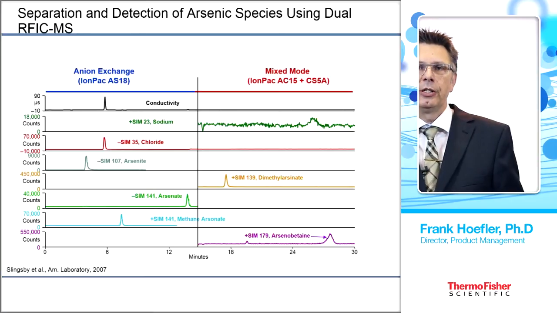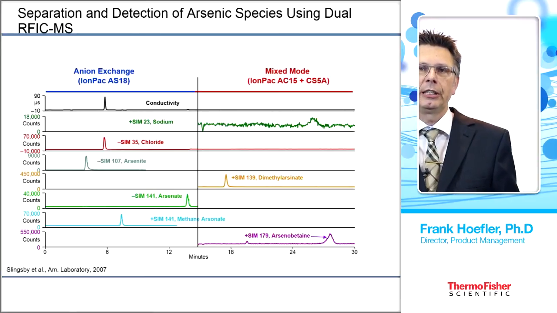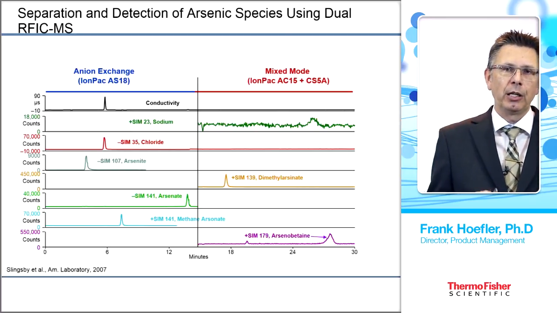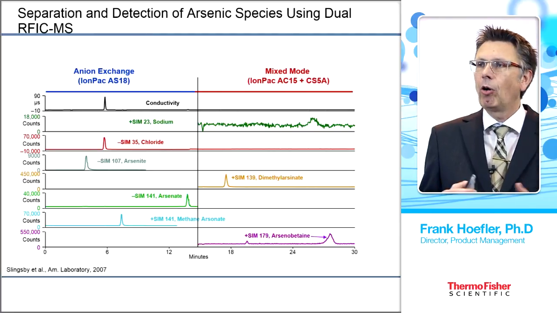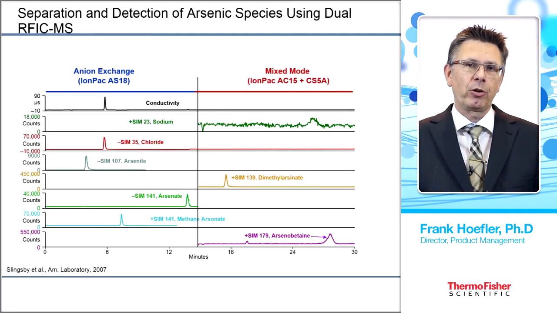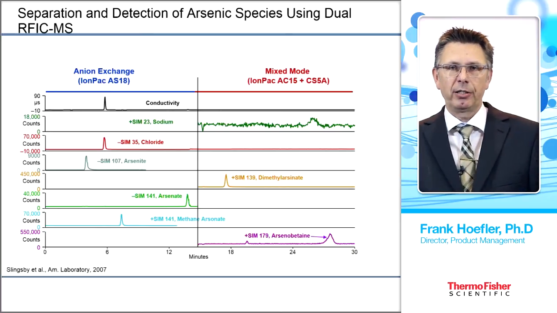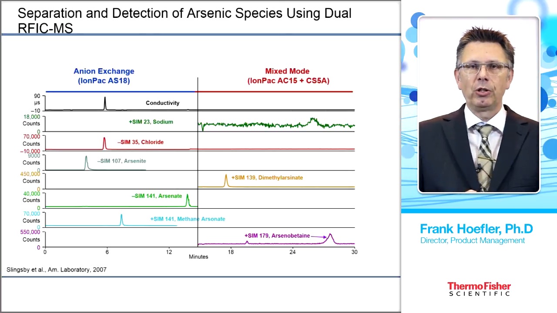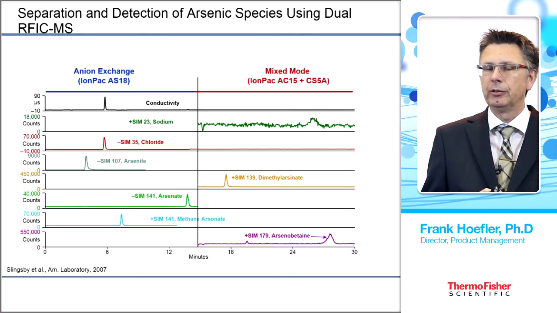Arsenic typically is determined as a total content with ICP-MS, very sensitive and selective, or with cold vapor atomic absorption spectrometry. But not all arsenic species are highly toxic. Some are, some aren't. So really finding out and analyzing what species are in the sample in addition to the total content gives additional value.